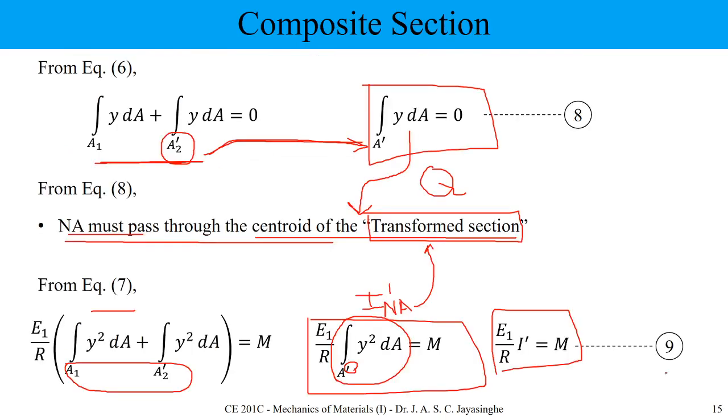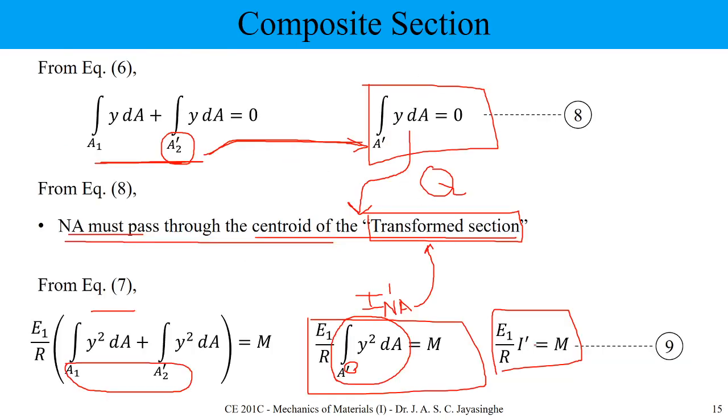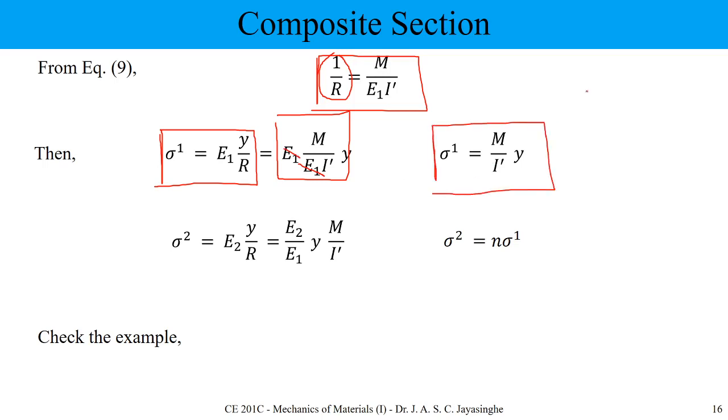So you can see, I, M, same thing, you can convert it, and then you know this equation from previous, and you just need to substitute 1 over R to here, and here you can see this is cancelling out, and you will end up with something very straightforward. Of course, in the normal case, it will end up with sigma equals M over I into y.